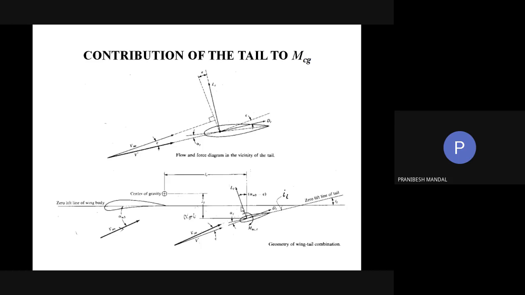So now let us come to the contribution of the tail. In order to have the consideration of the tail, first of all, the tail is already at a negative angle, that is called the tail setting angle, that I already told in the previous class, why it is already in a negative position, to have a negative lift, right?